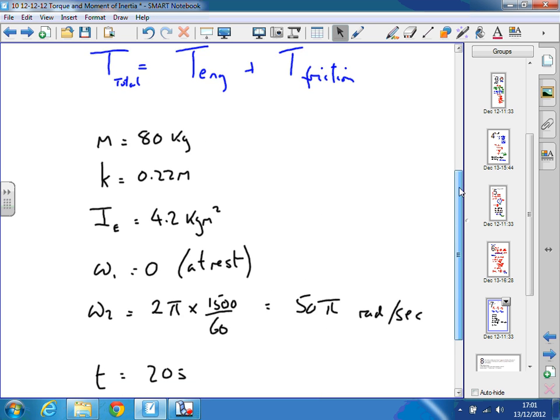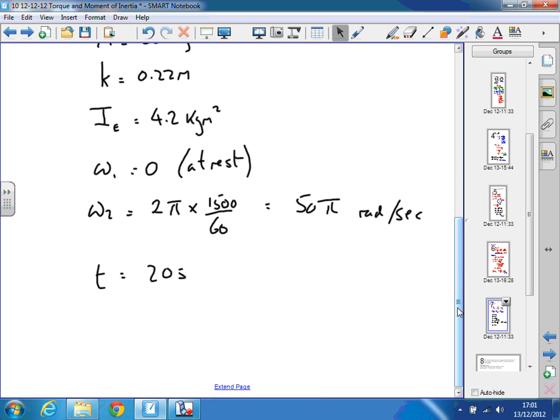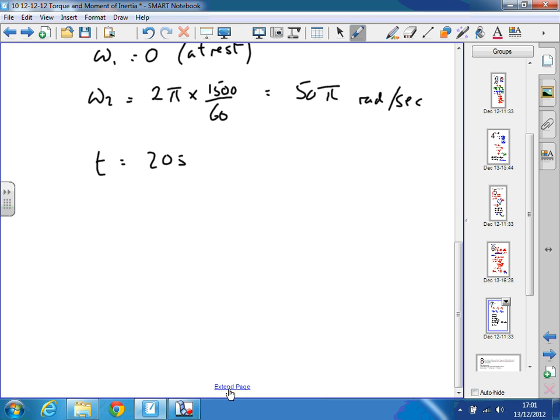So now we're after the total torque. So we're after the engine torque first of all. The engine torque is I alpha, where I is the total moment of inertia. We can find alpha because we know omega 1, omega 2 and t. So alpha equals omega 2 minus omega 1 over t.